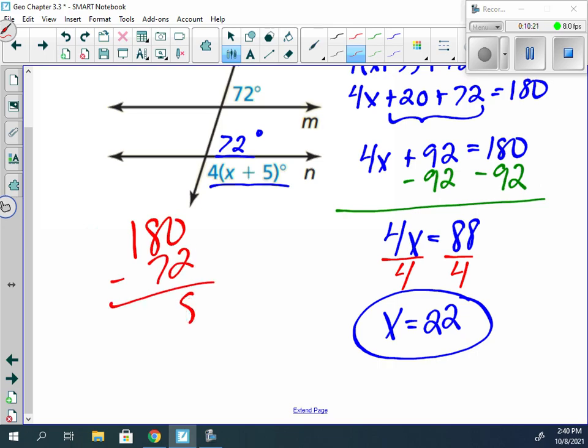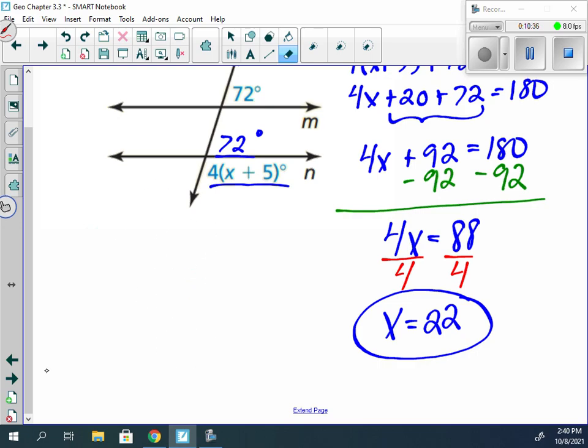Because we can't do that, we have to move the 1 over. 7 and 7, 0, and we drop the 1 down. It's 108. So setting 4 times x plus 5 equal to 108 would also work. Any other questions on this here?